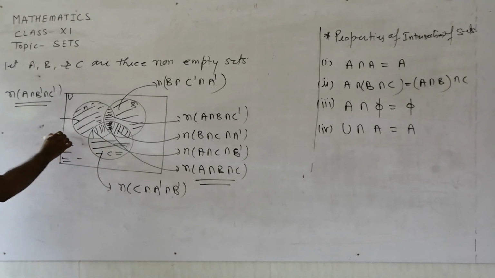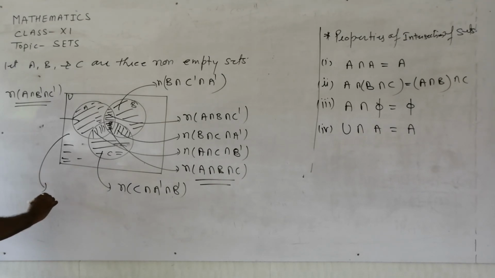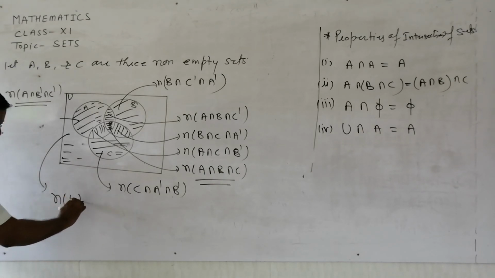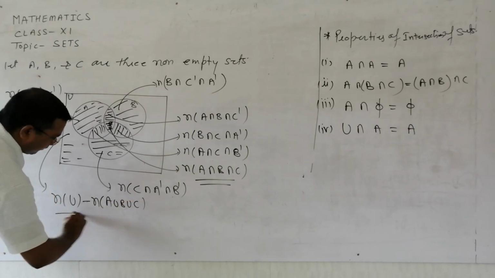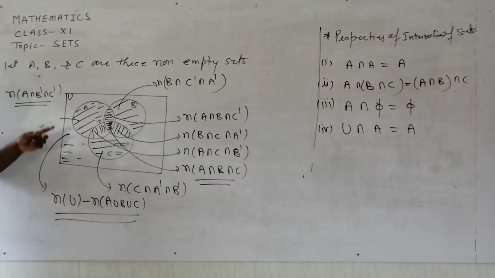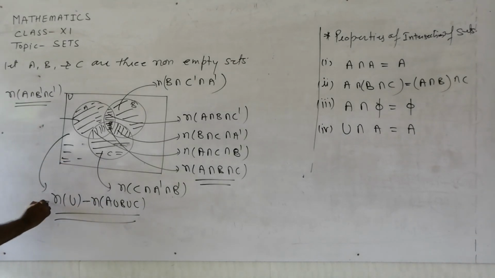So this also we can represent. If you find n of U minus n of A union B union C, then you can find the elements which belong to this part, and this particular part is represented by A union B union C complement.